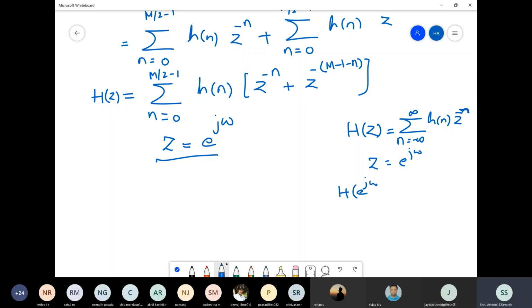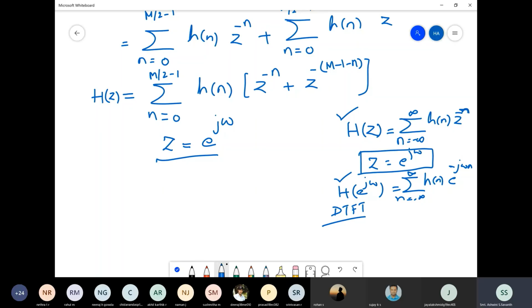H of e to the power j omega equals summation n from minus infinity to plus infinity h of n e to the power minus j omega n. Isn't this your DTFT formula? Yes, this is your DTFT formula. So using the Z transform, we can obtain the DTFT. This is the relationship: z equals e to the power j omega.